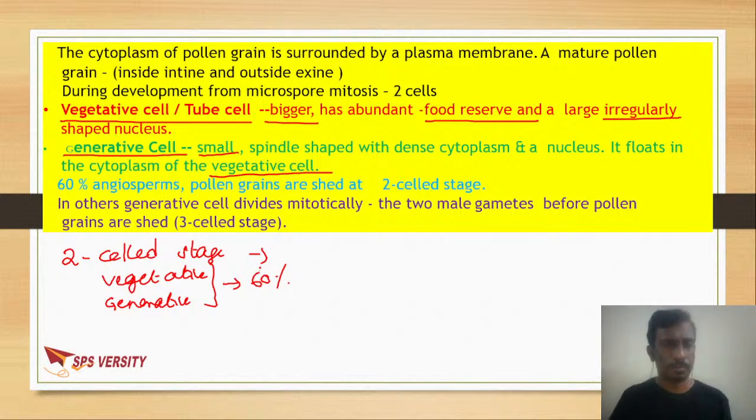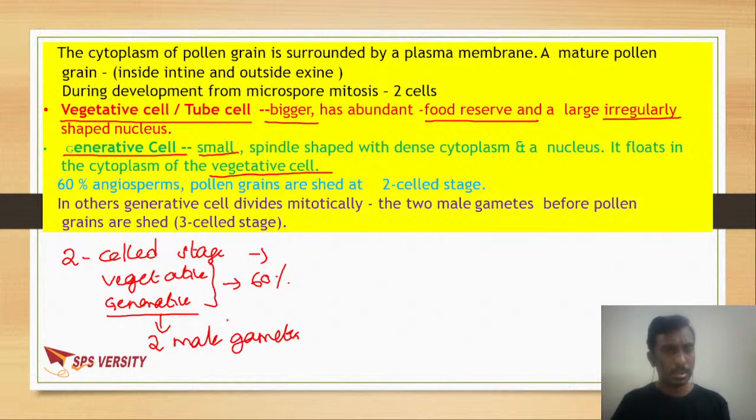In the remaining plants, what happens? Before they are released from the anther, the generative cell will divide and form two male gametes. It is from the generative cell that two male gametes are formed.